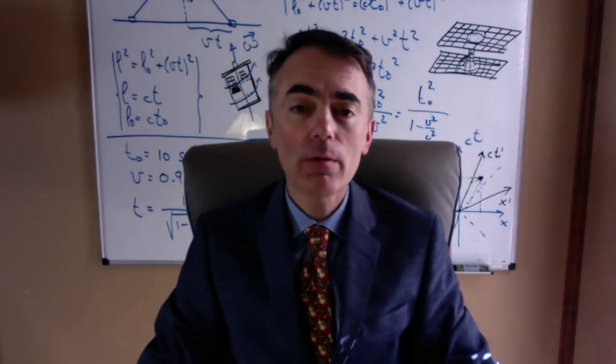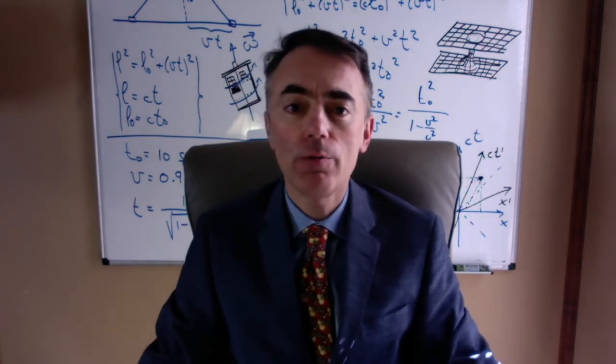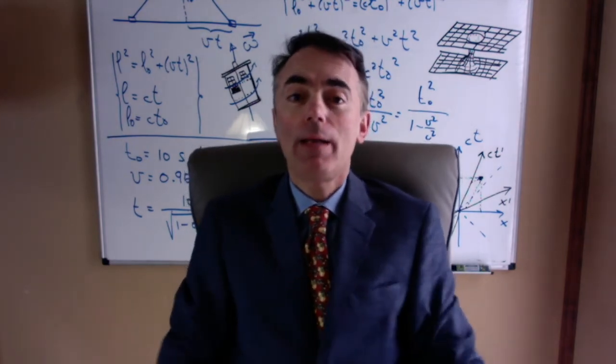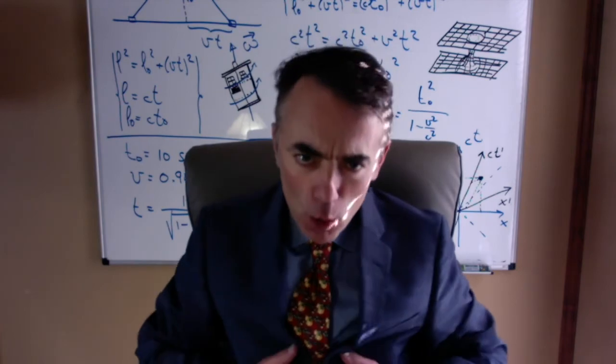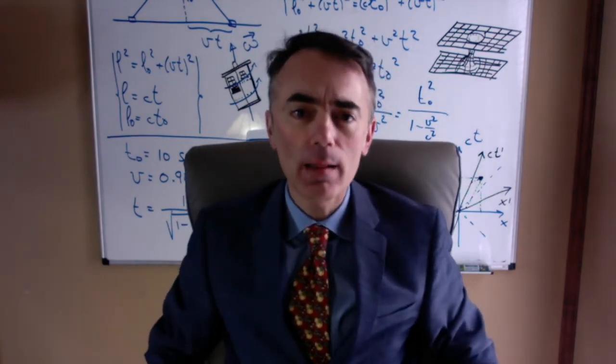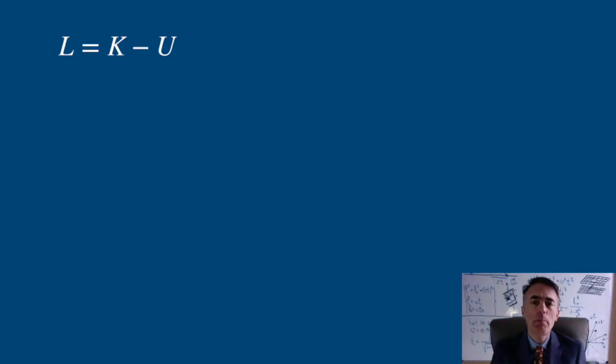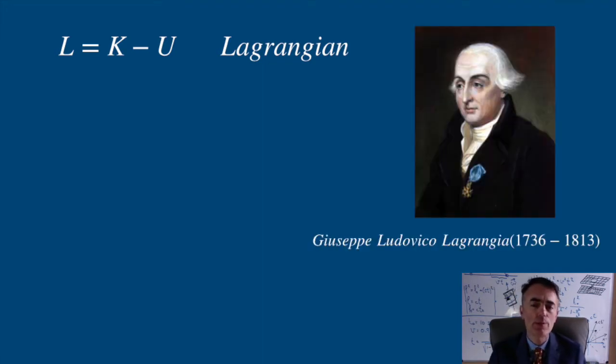From a mathematical point of view, we can define new functions at will, right? So, allow me to introduce a function L as the kinetic energy of the system minus the potential energy of the system. So, L equals K minus U. Let me call this function the Lagrangian after the Italian mathematician from the 18th century.